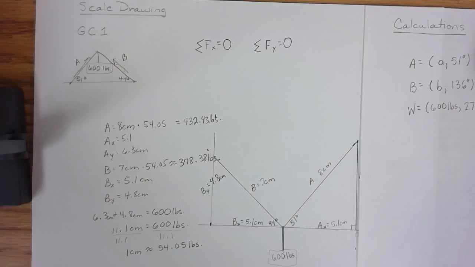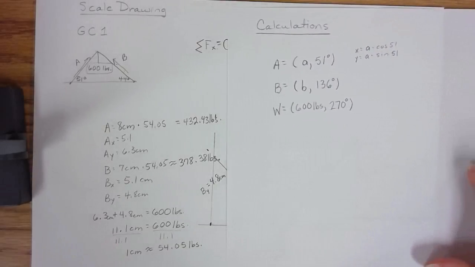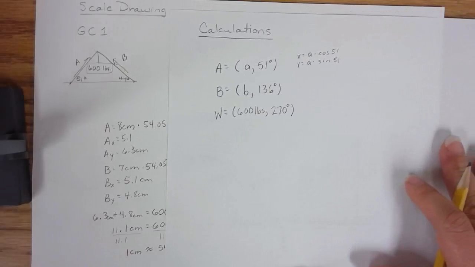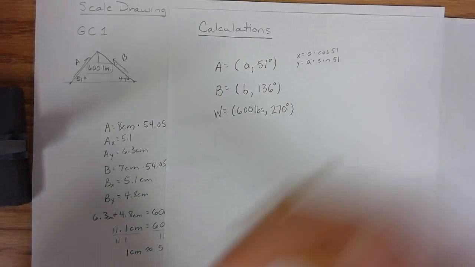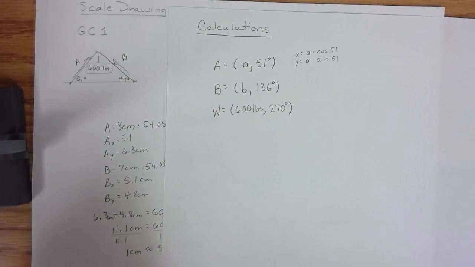My Y coordinate is A times sine of 51, and we'll go through this process for each of these vectors.